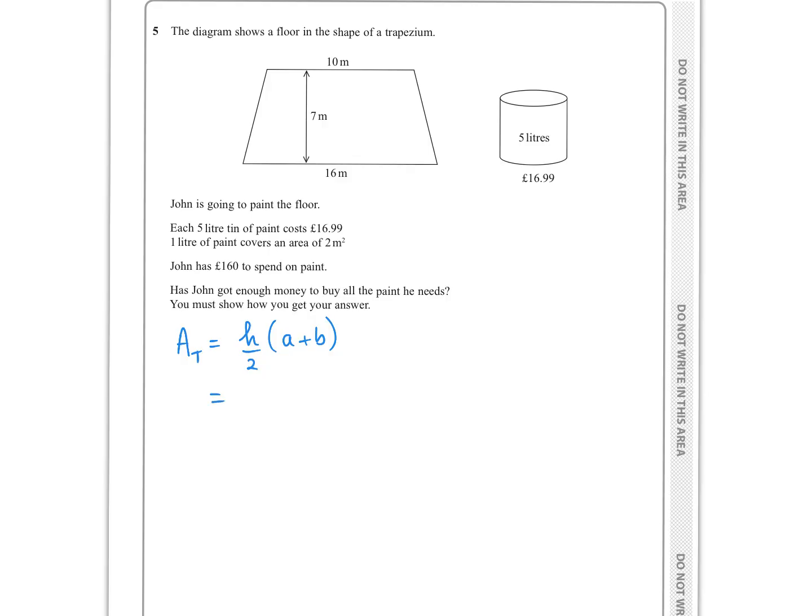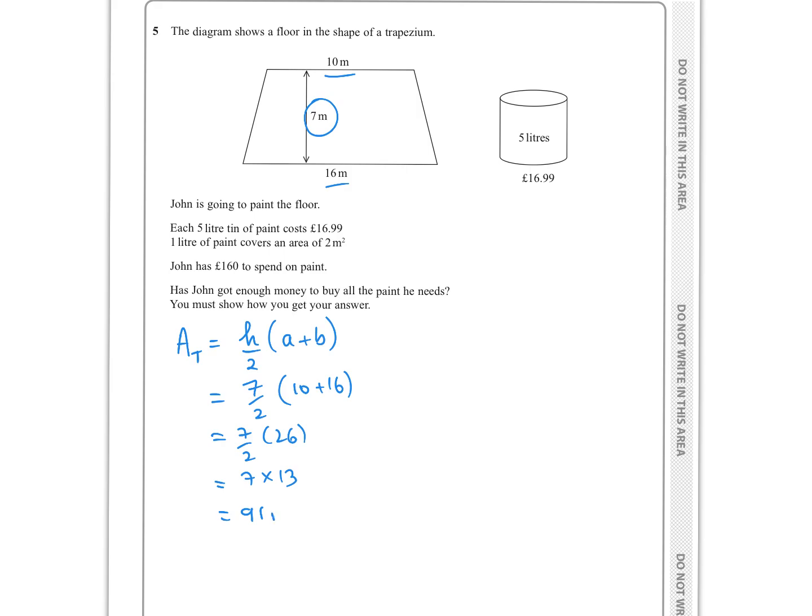So we've got 7 for the height, and then we've got 10 and 16. So we've got 7 over 2, there's 26, and so that's 7 times 13, and we can use our calculator for that if you want. That's 91.